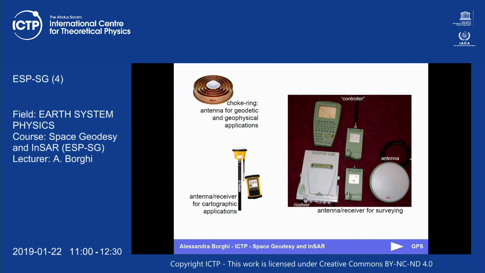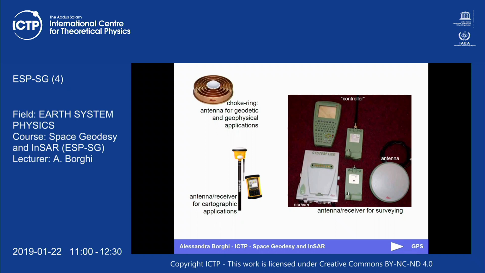And control is like a computer to talk with the receiver. It is used often when you have to organize your session of measurements and so on. If you measure different points, you want to give a name to each site and other information.